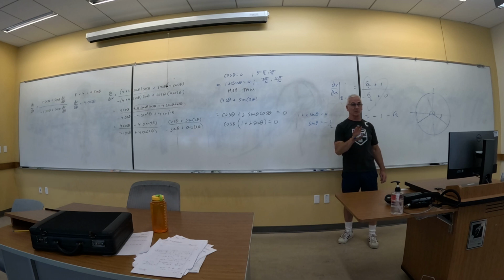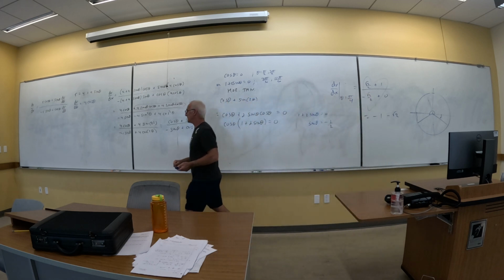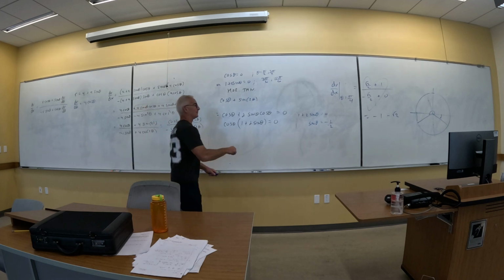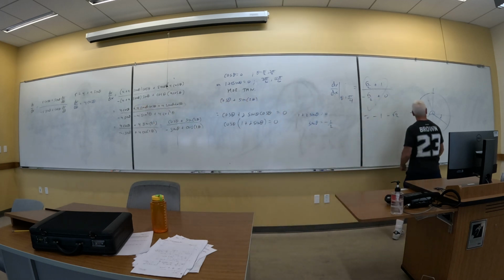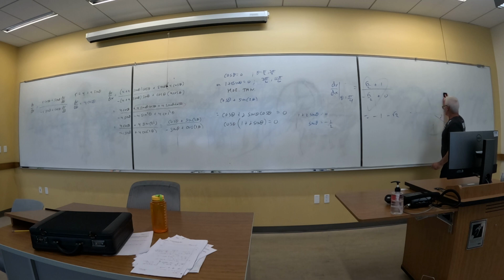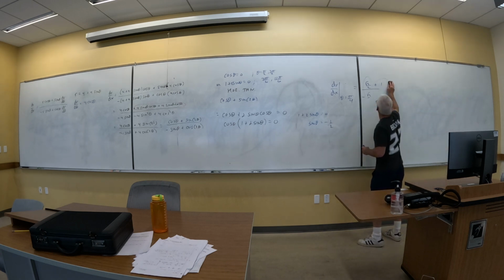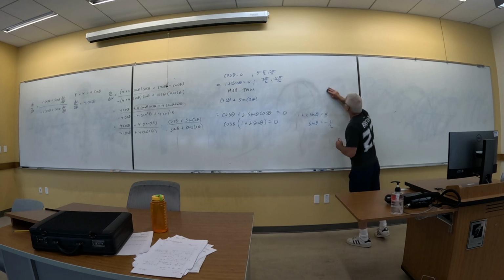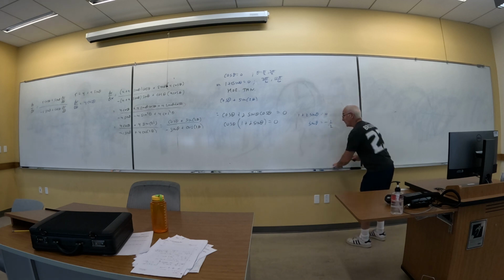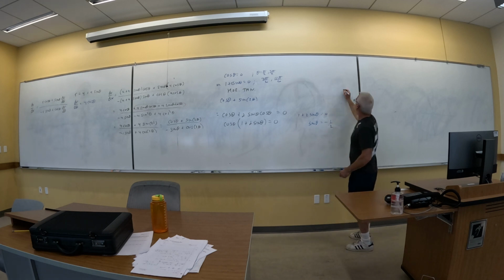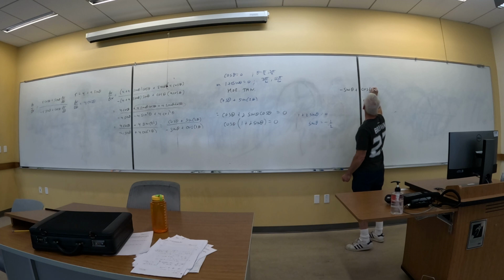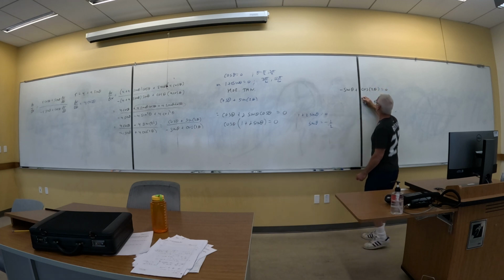All right, so let's leave that alone for a moment. Let's now do the verticals. So now we want to figure out where negative sine theta plus the cosine of 2 theta equals 0.